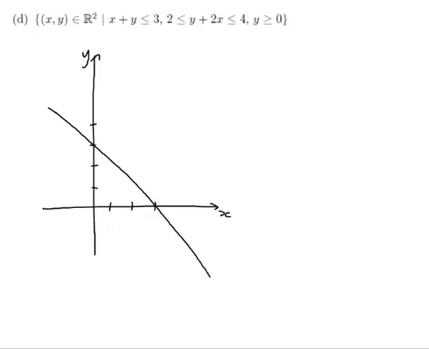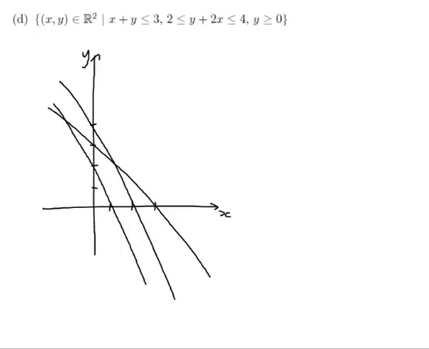So, y-axis, x-axis, 1, 2, 3, 1, 2, 3, 4. We had this line. We had this line. We had this line.